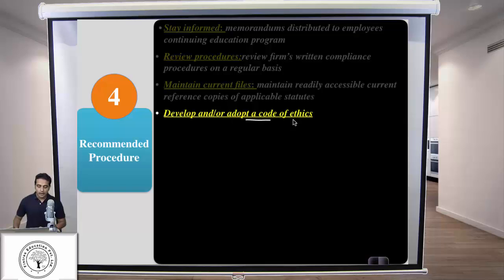Then develop or adopt a code of ethics. Now this point is extremely important. We do corporate training for a lot of investment banks, where I go to these organizations and we have sessions on different topics. Last year, with one of the investment banks, there was a vendor registration process.